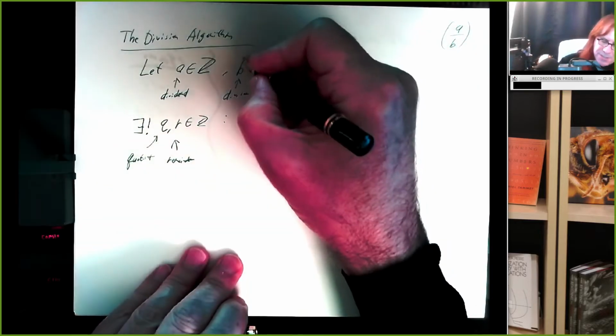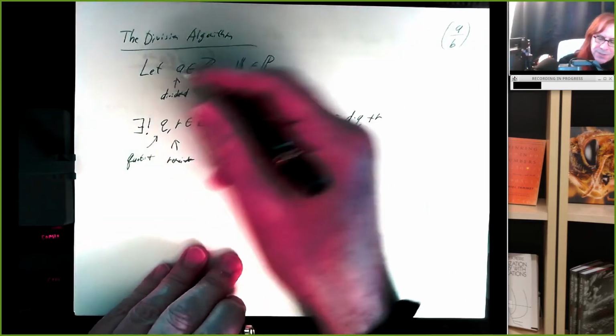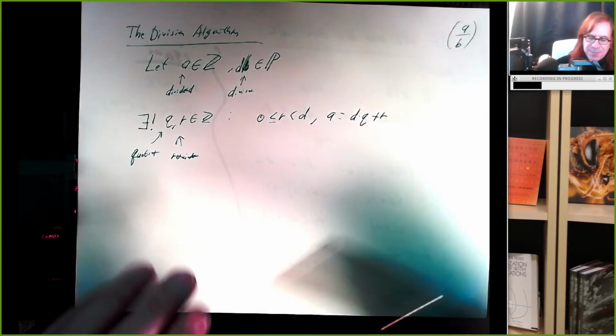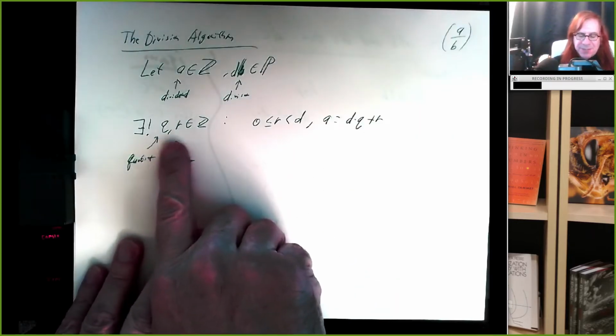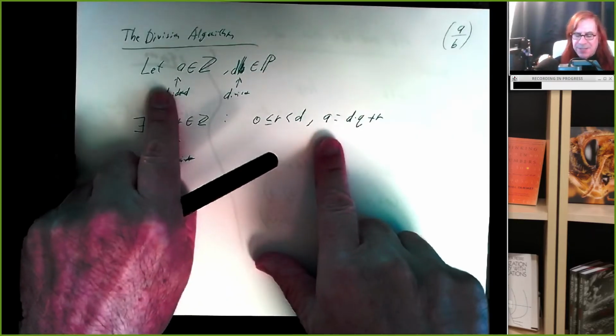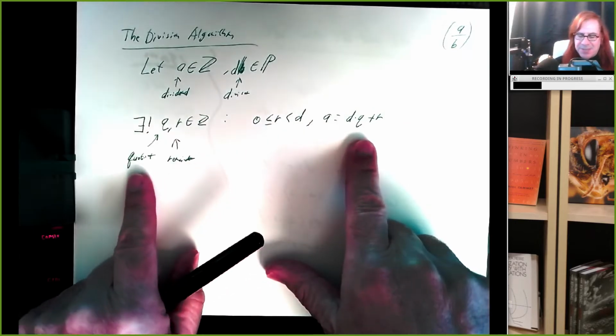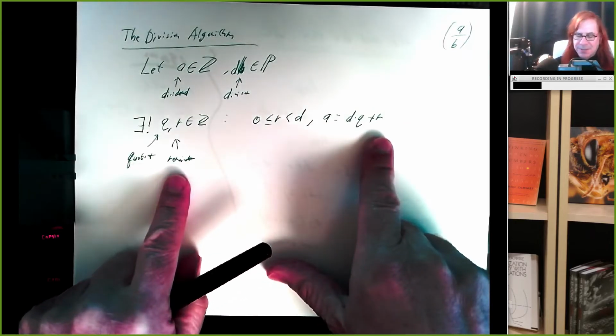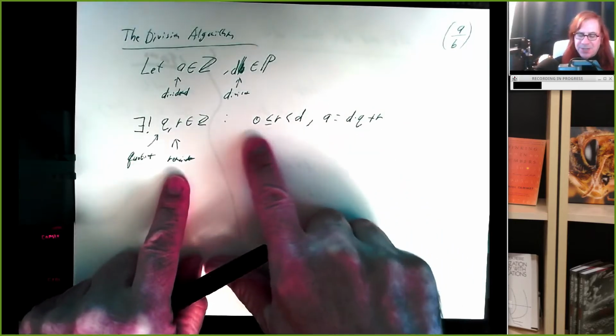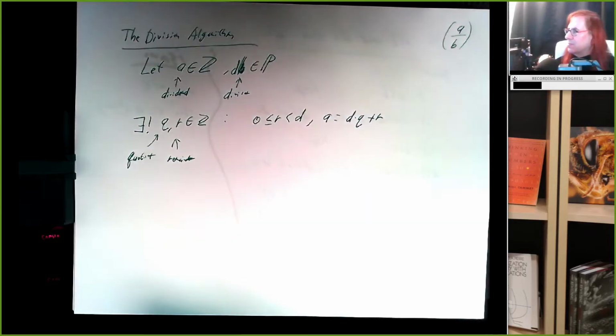Let me call this D for divisor. So dividend and a divisor. So there exists a unique pair of integers Q and R such that A, our dividend, can be written as our divisor times Q plus R, with the property that R is between 0 and D minus 1.